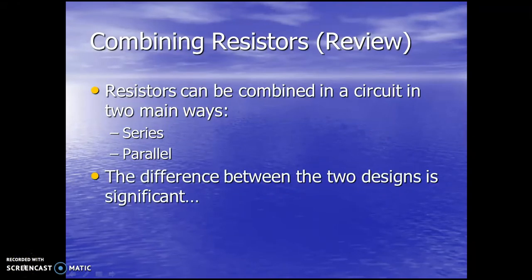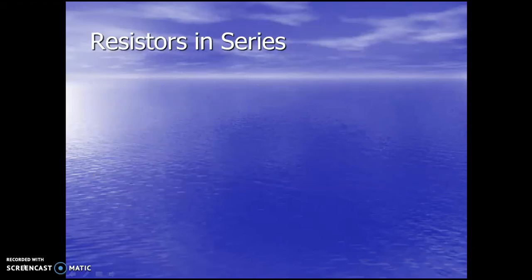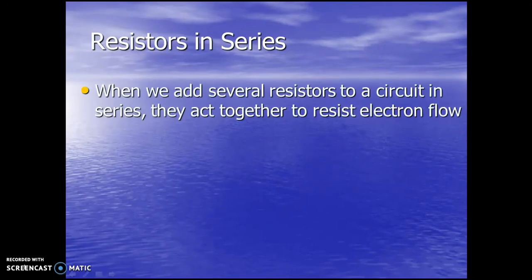So the difference in behavior of these circuits is so important, so significant, that we really need to pay very careful attention to which kind of circuit we have and how we view and design our situations associated with these two different kinds of circuits.